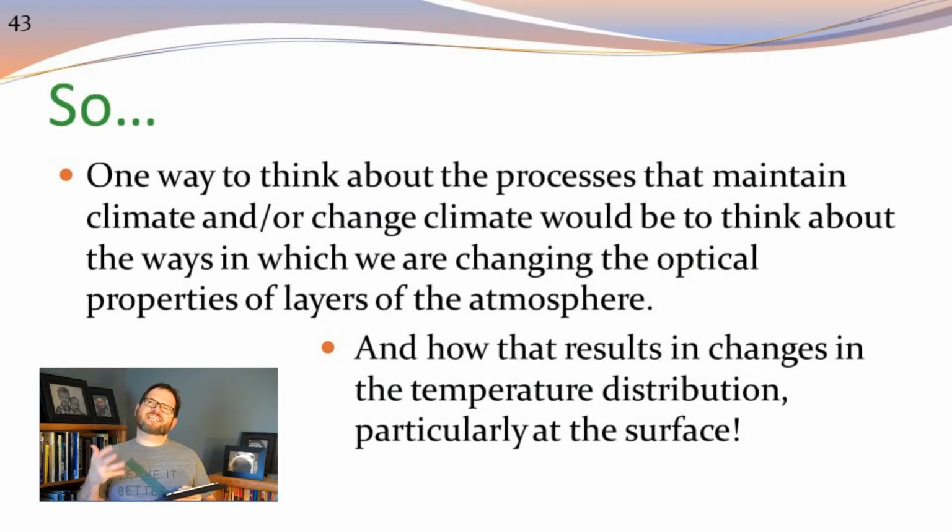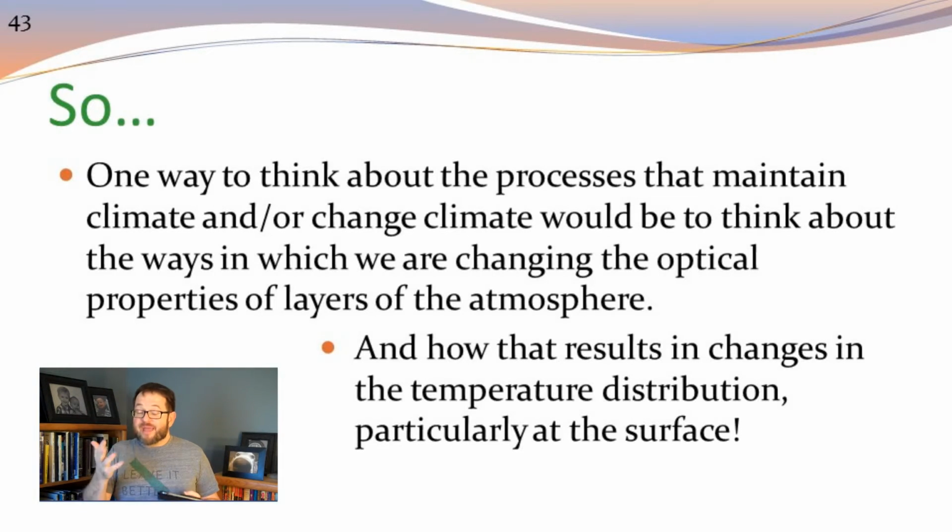So, one way to think about the processes that are maintaining the temperature and the climate is to think about the ways in which the anthropogenic greenhouse gases are changing the optical properties of the atmosphere. Atmospheric physicists love this kind of stuff. They can do it in terms of greenhouse gases, but they also love to talk about it in terms of changing the constituents of the atmosphere after a major volcanic eruption, or water vapor that's added to the upper atmosphere due to rocket launches and so on, and partially combusted fuels and things like that.